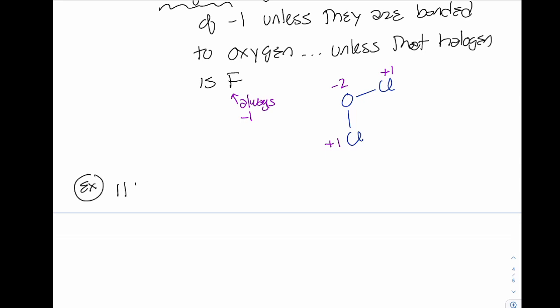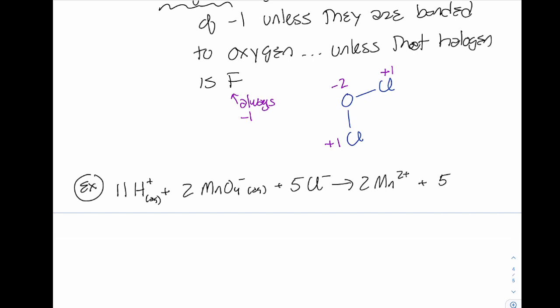I'm going to have 11 protons, so H+, plus 2 MnO4 minus, those are aqueous, plus 5 chlorines, and I didn't leave myself enough room, plus 2 manganese 2 plus, 5 HClOs, and 3 water. So I didn't quite fit all those in there.